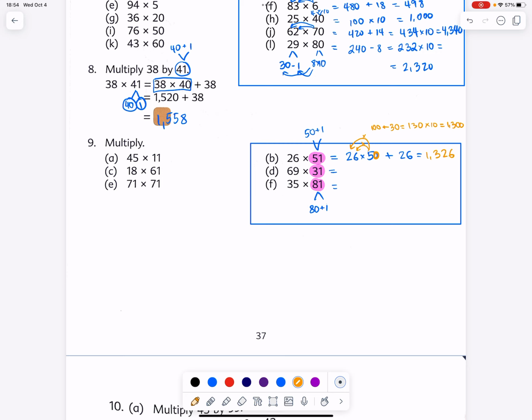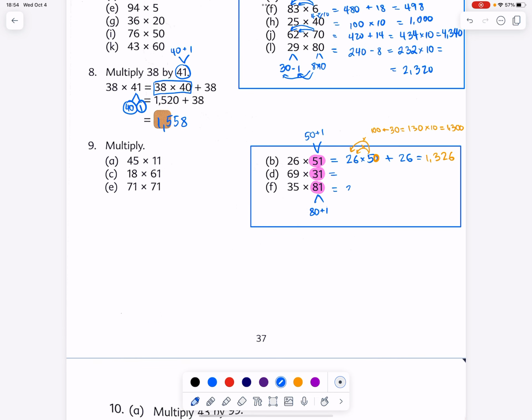Let's do 35 times 81. Again, first, let's think of 35. First, let's take it 80 times. And then one extra 35 for the 81st time. Let's use distributive property. 35, we can think of it as 30 times 8 and 5 times 8.